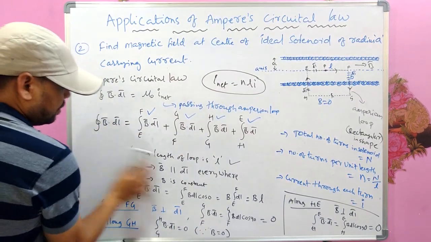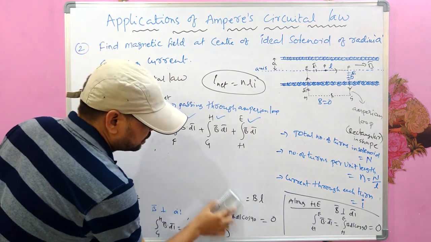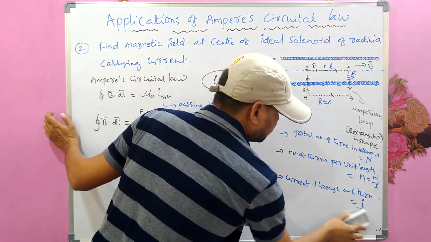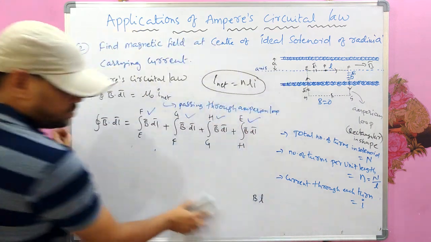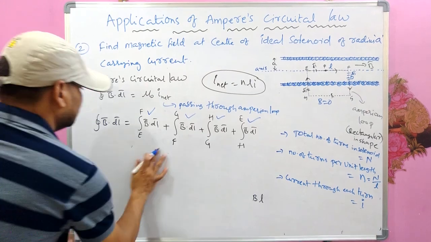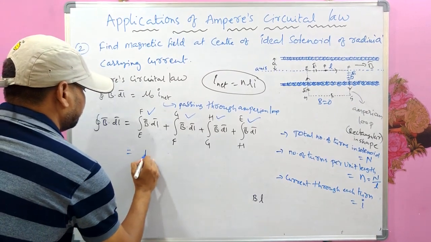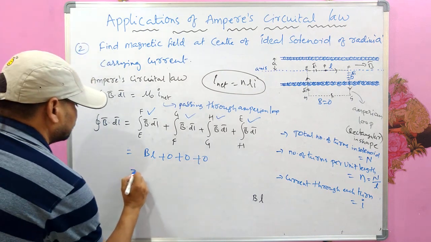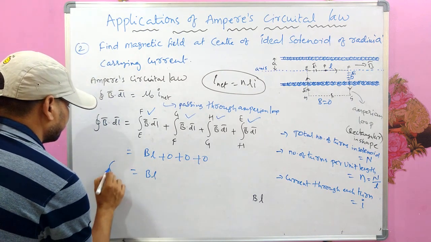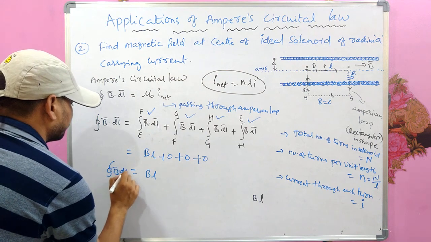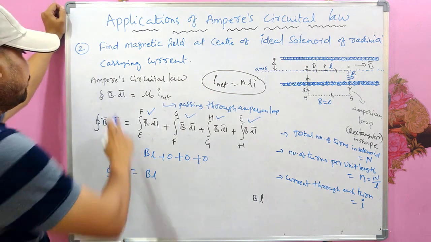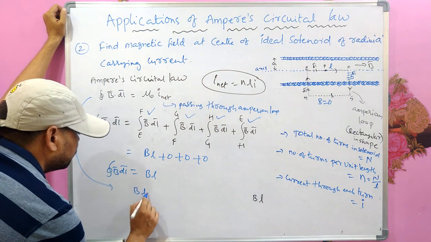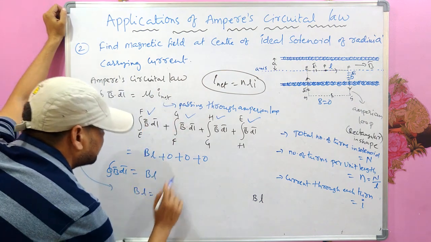Only the first one is contributing, that is BL, and all other integrals are zeros, which means this will be BL plus 0 plus 0 plus 0, which is BL, and from this equation we can say BL equals mu naught I net.